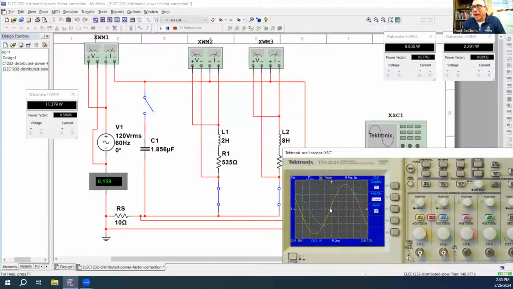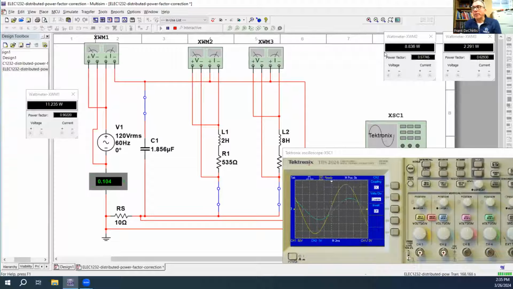Current is lagging voltage. And when we engage our power factor correcting capacitor, we're now at 0.9 overall, and we've not changed power factor, power, or current for either of our loads, which is the way it's supposed to work.